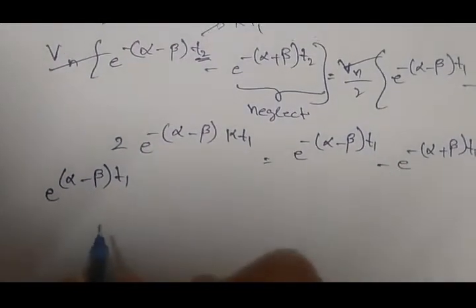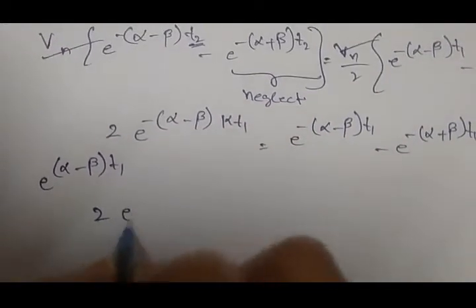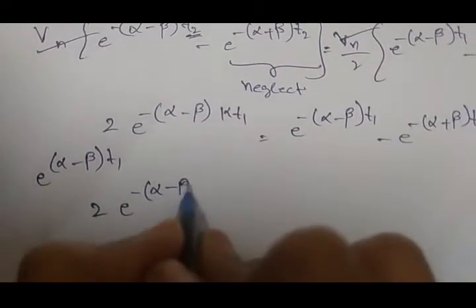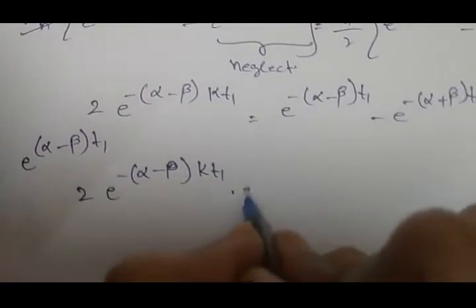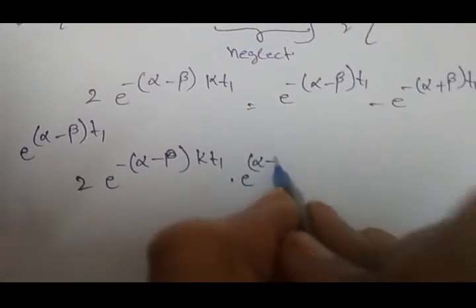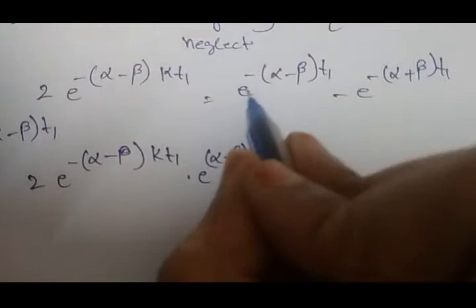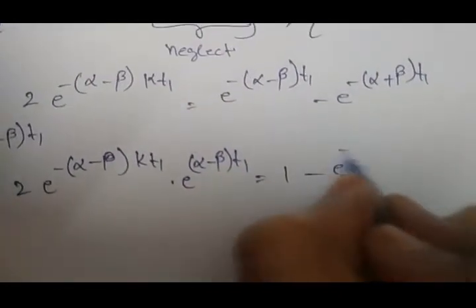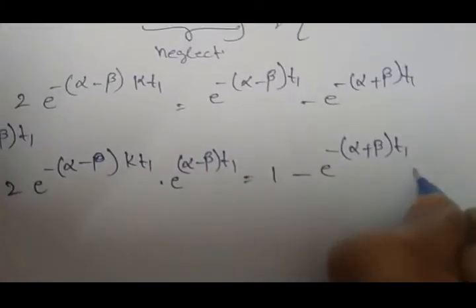Multiply this expression on both sides with T1 multiplied by e power alpha minus beta into T1. If I multiply here, it will cancel out and reach 1. Alpha plus beta T1 e power alpha minus beta T1.